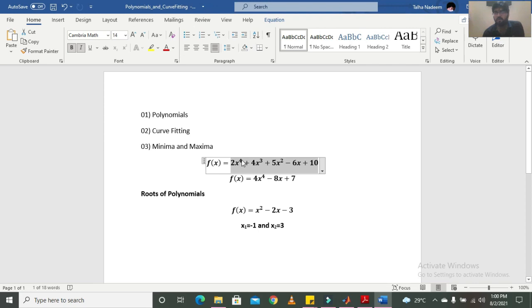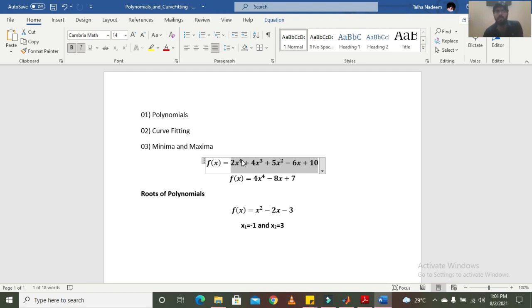And if a polynomial has a highest degree of, let's say, x to the power 5, then I will have 5 values of x in the solution set. So this is what we meant by roots of a polynomial.